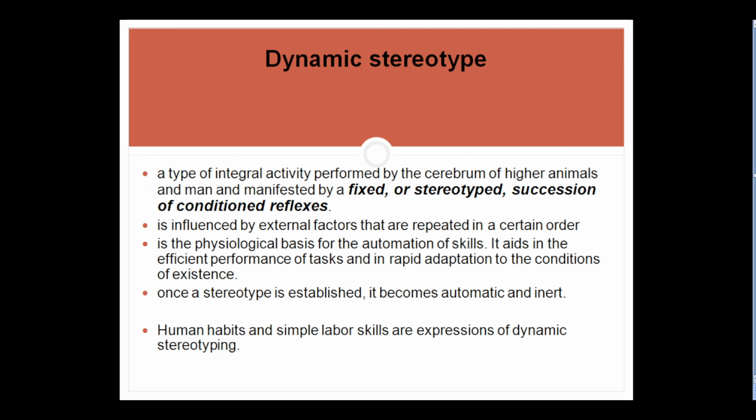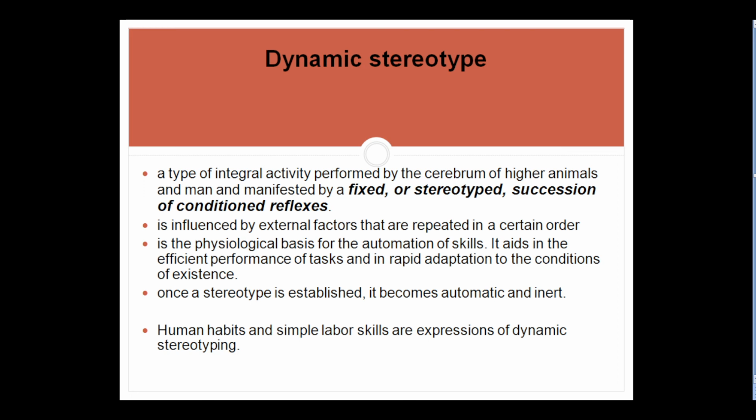It means when you repeat the same routine day by day, which consists of a few actions, eventually this routine will become your conditioned reflex, or dynamic stereotype. And once this stereotype is established, it becomes automatic and inert. So you don't have to focus on it. The entire sequence goes by itself.